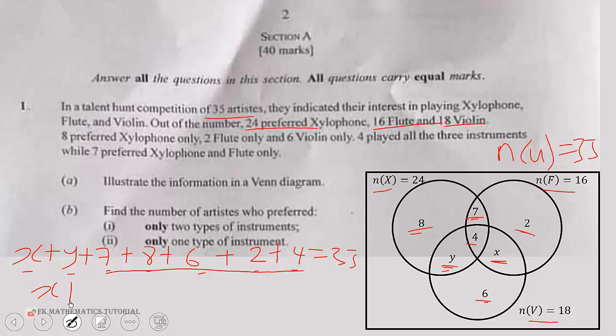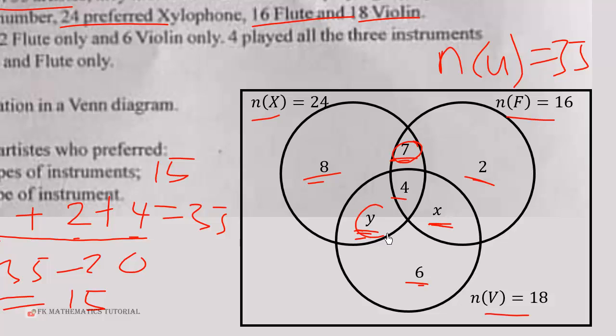So we have x plus y plus 7 is equal to 35 minus 20, and that should give us 15. So these are the number who preferred only 2 instruments. It's supposed to be 15. So those who prefer only 2 instruments is this plus this plus this, and that is equal to 15.